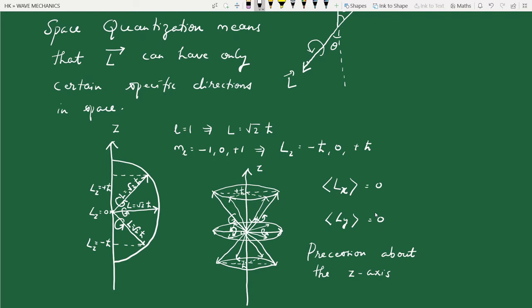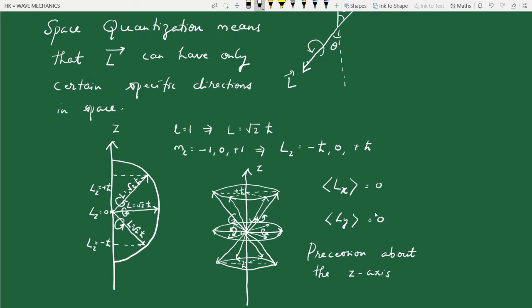The other two components are not quantized. They are continuously changing and can have all possible values such that the average value is 0. The electron's orbit is precessing about the z axis such that the average values of Lx and Ly are 0, and only Lz can have quantized values.